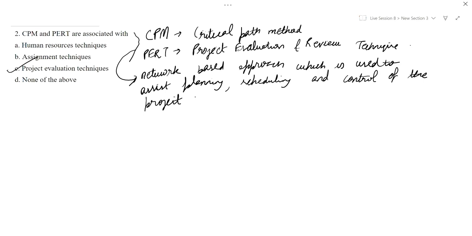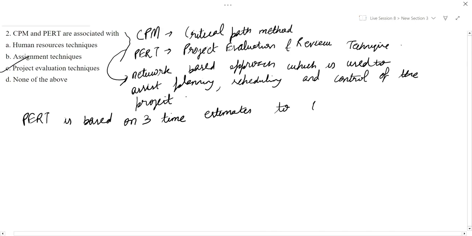Now PERT is based on three time estimates to complete an activity.